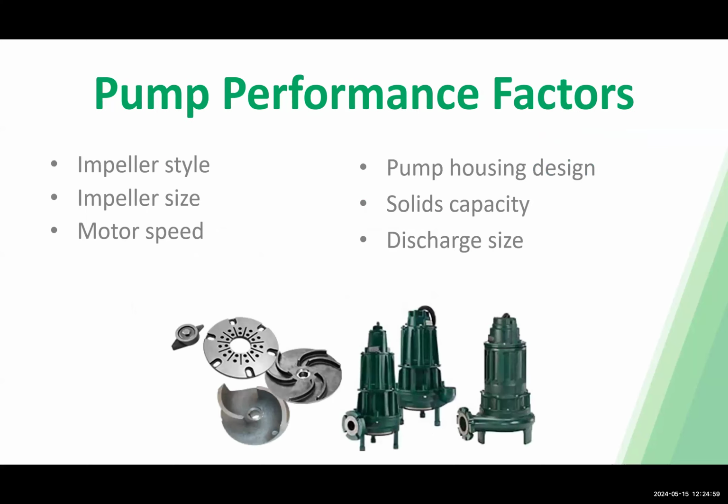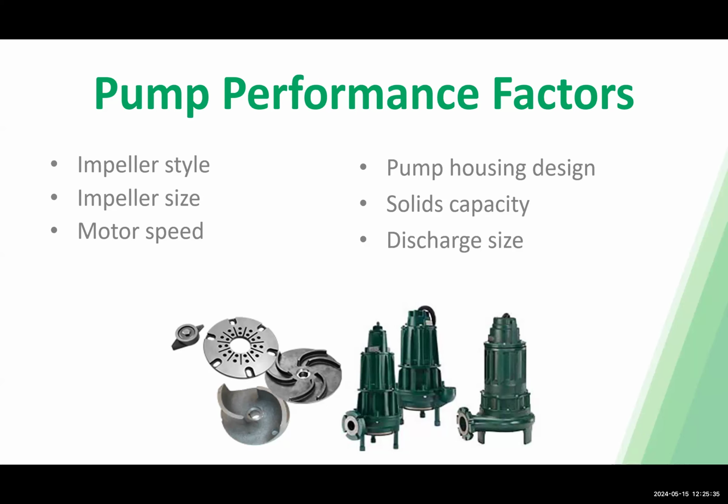The main things that affect pump performance are these factors here. So your impeller style and your impeller size. If you're using a vortex impeller versus an enclosed impeller, that's going to have a major effect on the performance of that pump. The motor speed. Typically, most pumps are going to operate either at 1750 RPM or 3450 RPM. Some pumps operate a little bit less, but the main thing is you're going to see those 2 speeds.